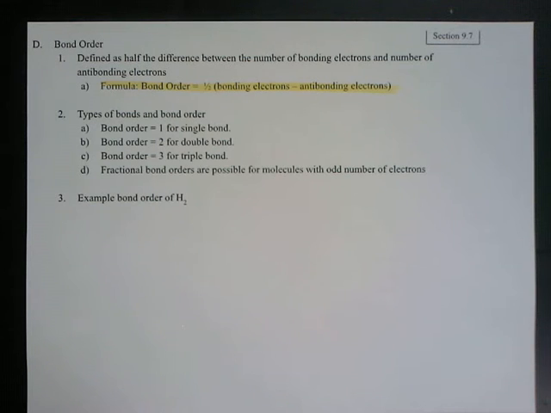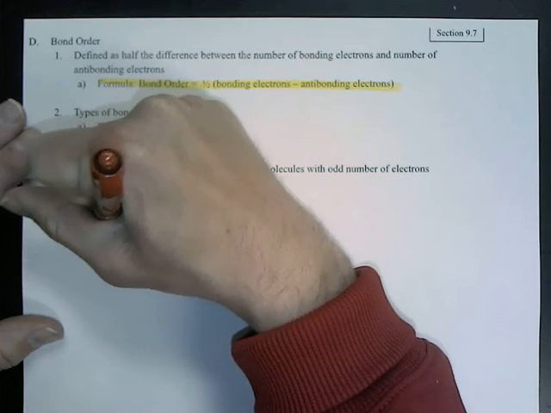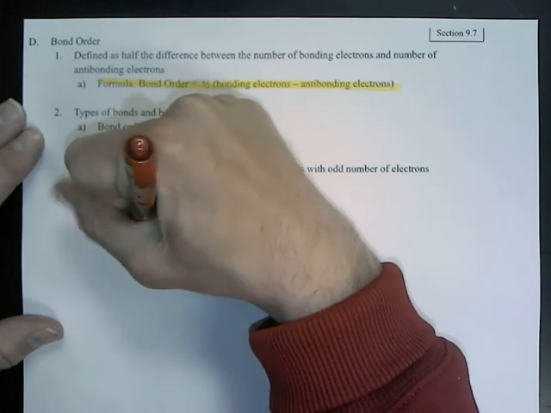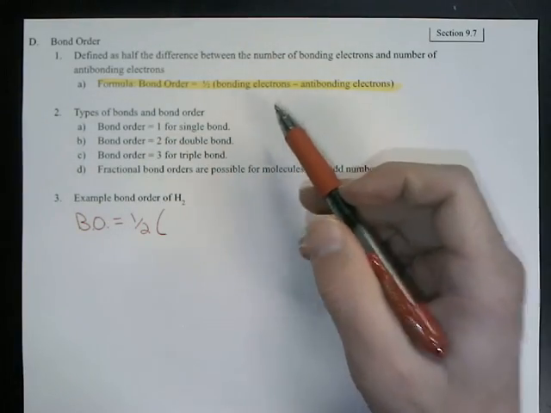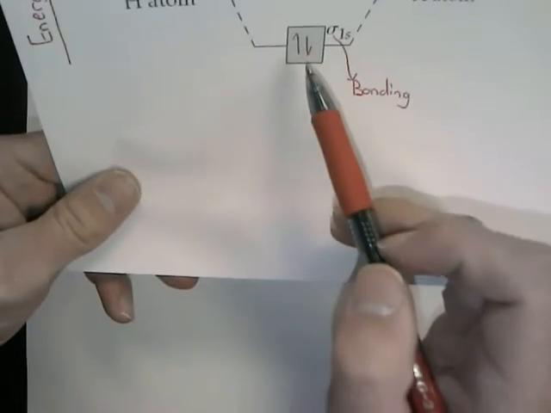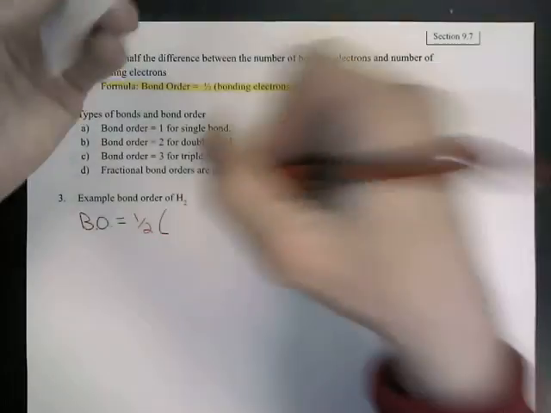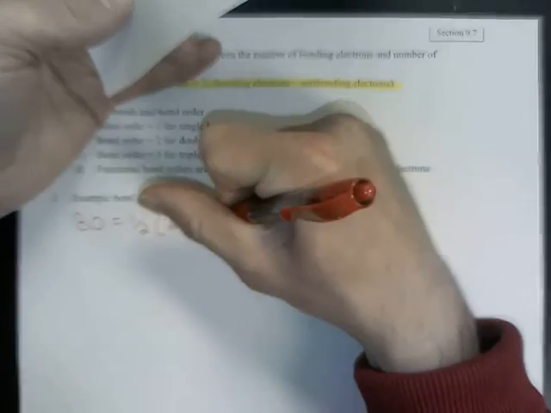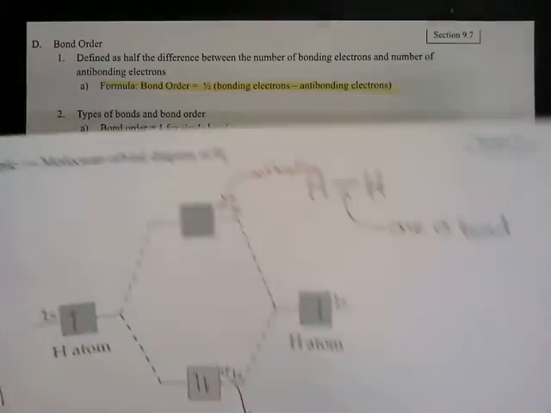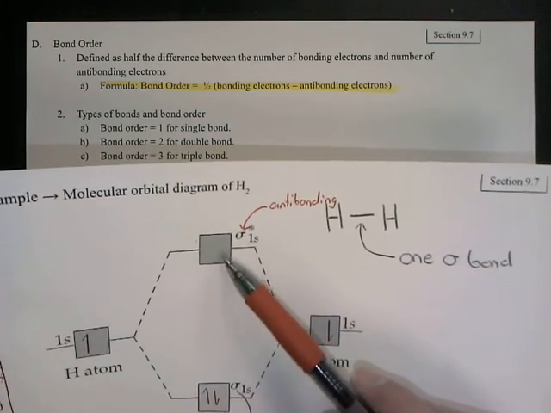So if we use our bond order, and I'm just going to abbreviate bond order as BO, for our hydrogen, we ask how many electrons were involved in the bonding? These are the ones I drew in red. Well, there are 2 electrons. Then minus the anti-bonding electrons. Do we have any anti-bonding electrons?